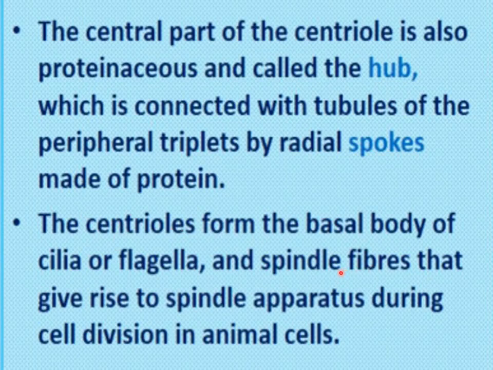You might have seen the diagrams for cell division, mitosis and meiosis, and at that time you have seen those ray-like structures which attach with the chromosomes to separate them from each other, right? So we can say these spindle fibers are for the division of the cell. These spindle fibers arise from centrioles, so we can say centrioles help in cell division in animal cells.